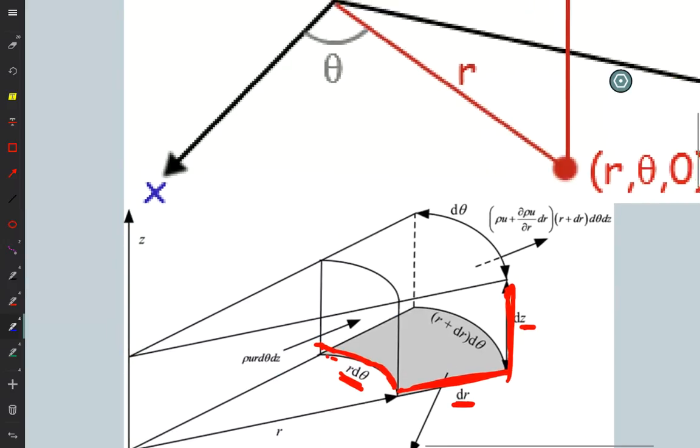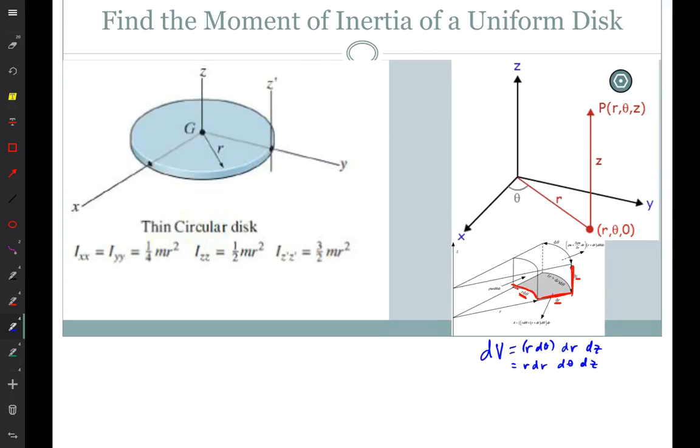Now if I go back to my disk, I'm just going to find the moment of inertia about the z-axis here. Notice here it has zz, because that's technically how they do it. I_z is equal to the integral, and what's the first thing I have to put in my integral? It's the r perpendicular squared. So I need to find r perpendicular.